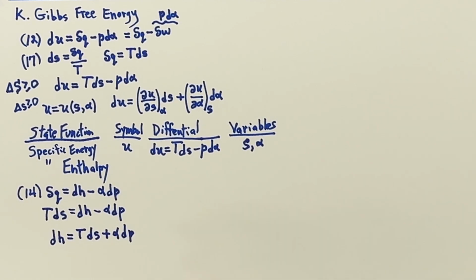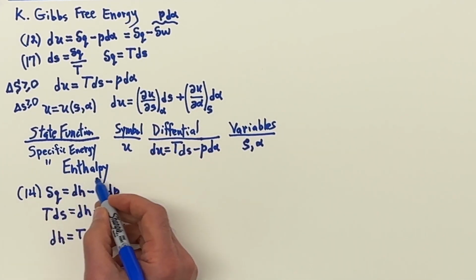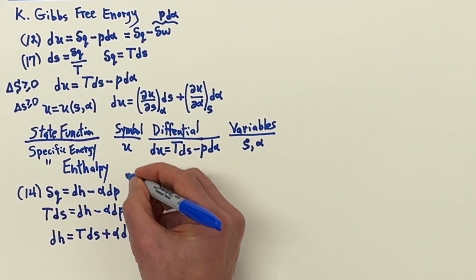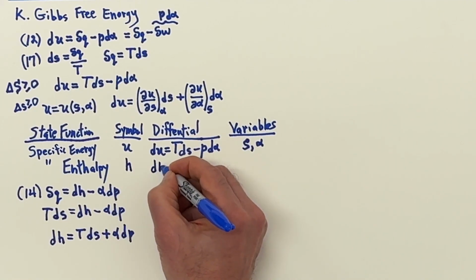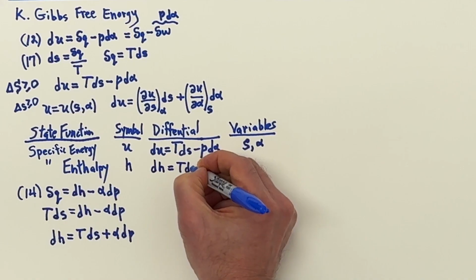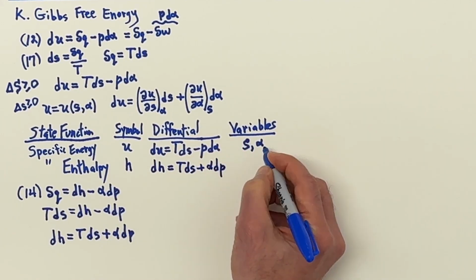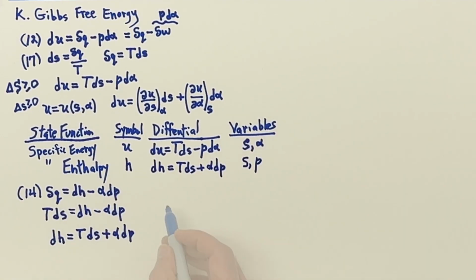And this is what I want to put down for the next case. Oh, I shouldn't have written that there. I was going to mess up my table. Well, we'll deal with that. So this is h, and this is then dh is equal to t ds plus alpha dp, and then the variables would be s and p.